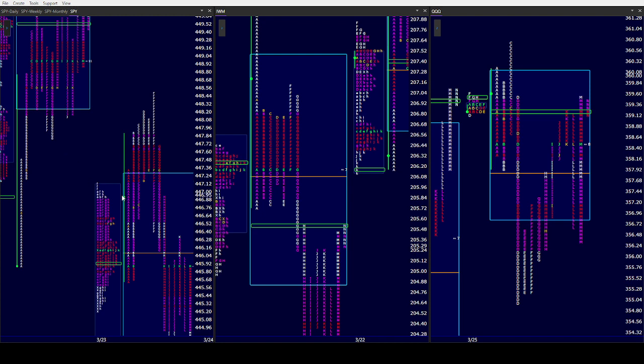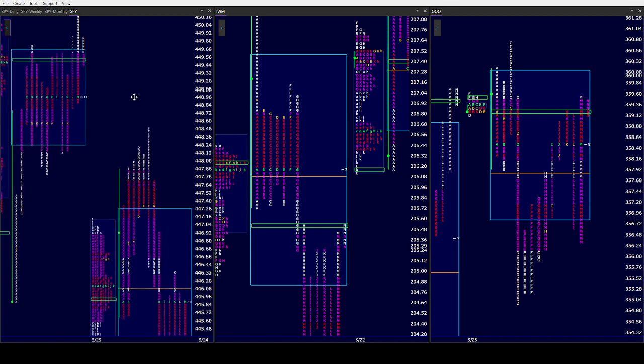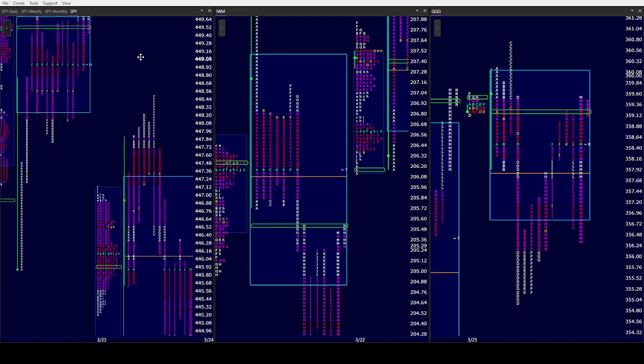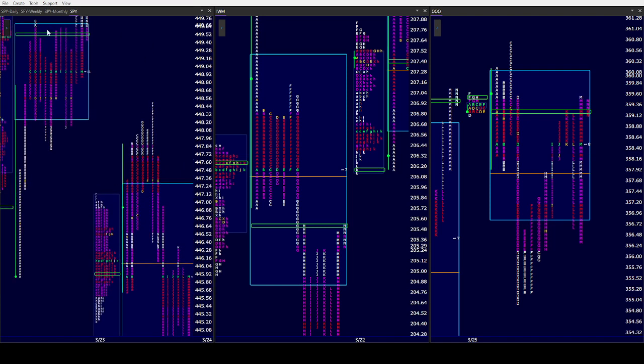We open all the way down here. Look where we closed. Now keep in mind, I'm going to talk about gaps. A lot of people, not a lot, but there are people who think that this is where we closed and we open here, that's a gap lower because you're gapping from the settlement. Look, like I said, if it helps you, be my guest.